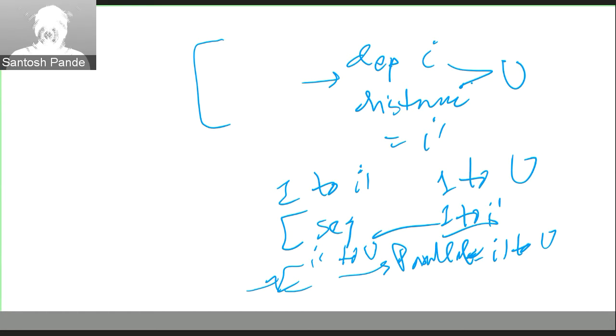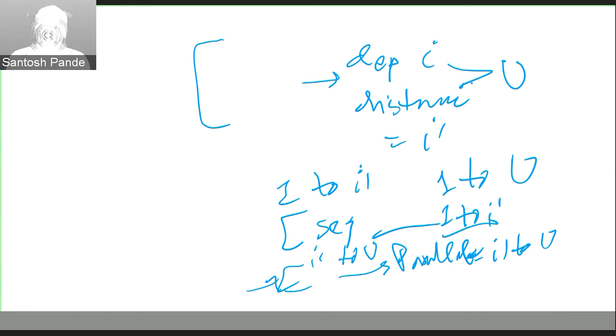There are many loops which form in this particular category. I had given an example of anti-dependence, but you can easily work it out using whichever dependence it is.